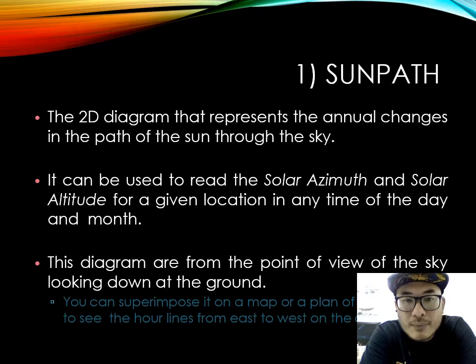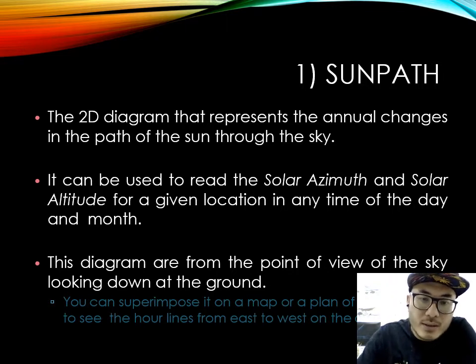This diagram is from the point of view of the sky looking down at the ground. You can use this sun path diagram to superimpose it on a map or a plan so you can study the path across the time.